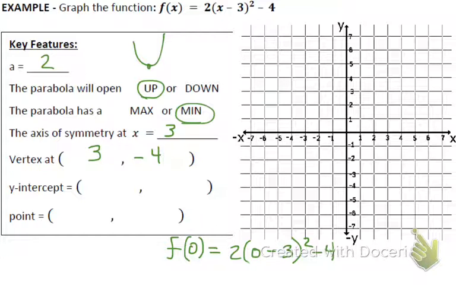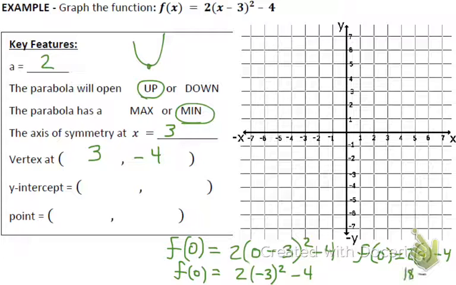Zero minus 3 is negative 3. Negative 3 in parentheses squared is negative 3 times negative 3. That's positive 9. And so we'll have 2 times 9, 18 minus 4. 18 minus 4 gives us 14 for the y-intercept.